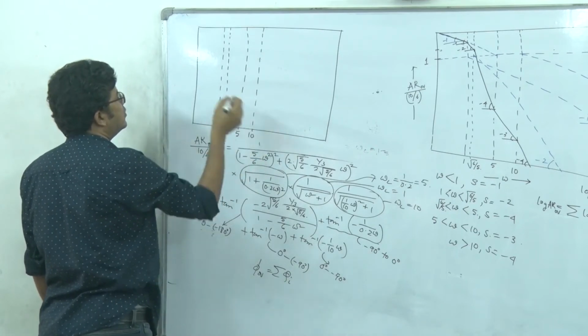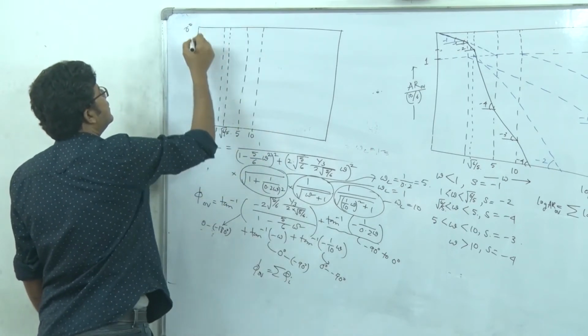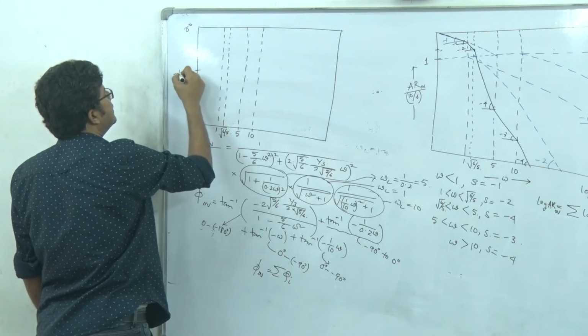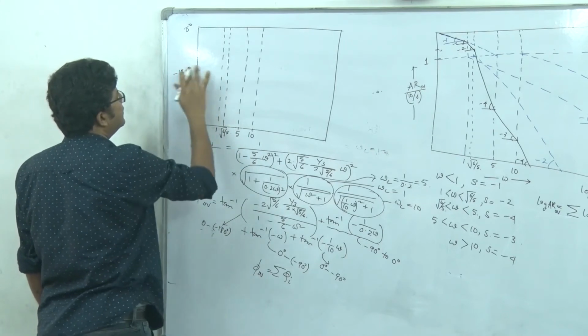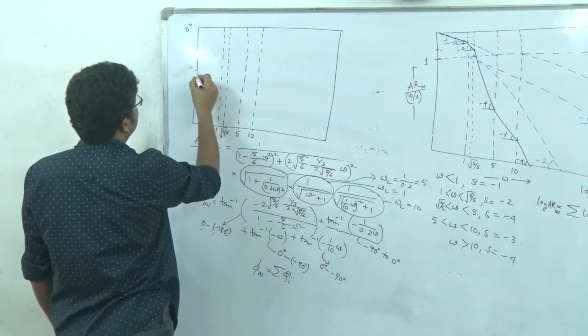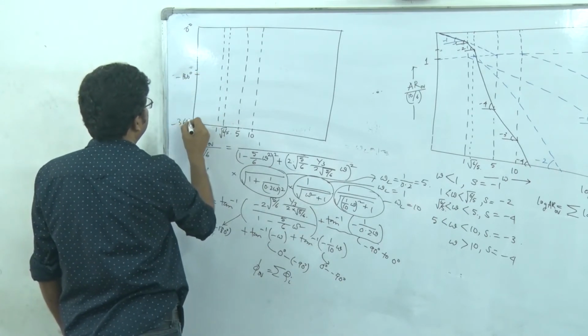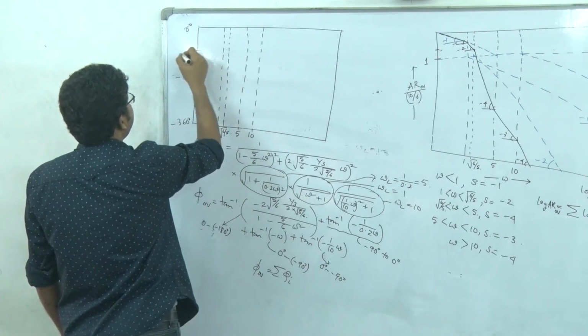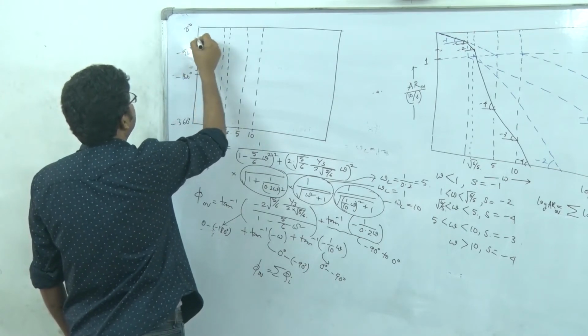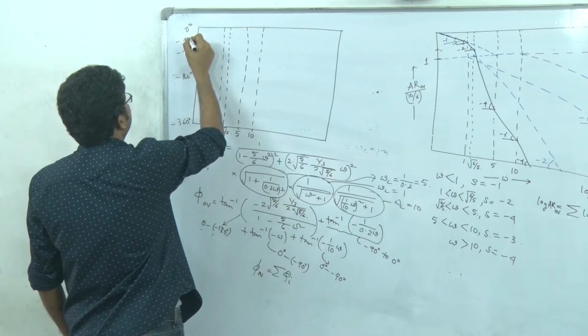Right, this much we know, we need. So this is 0 degree, this is minus 180 degree, sorry, here it will be somewhere down, minus 180 degree, and here it is minus 360 degree, here it will be minus 90 degree, here is minus 45 degree.